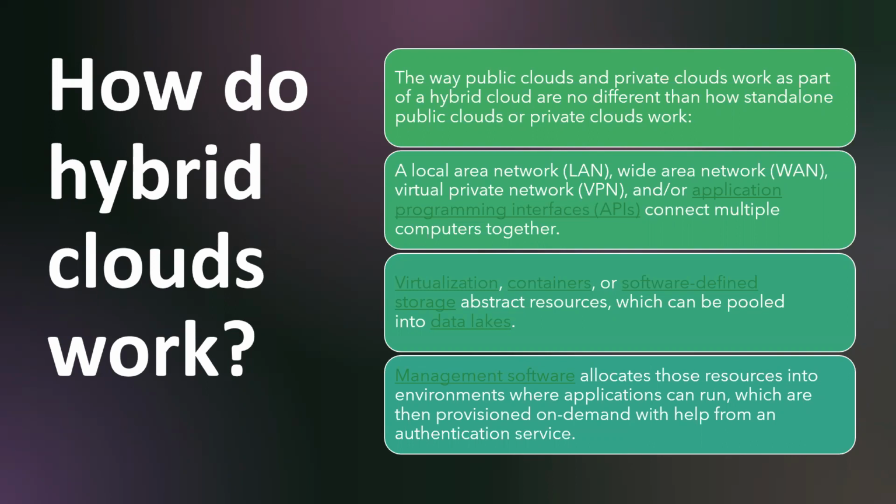Virtualization, containers, or software-defined storage abstract resources which can be pooled into data lakes. Management software allocates those resources into environments where applications can run, which are then provided on demand with help from an authentication service. I will briefly explain what I just read here.